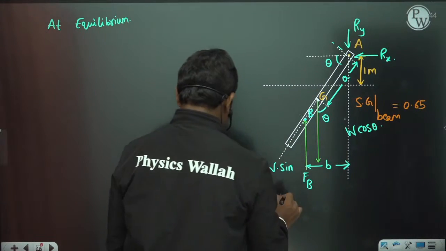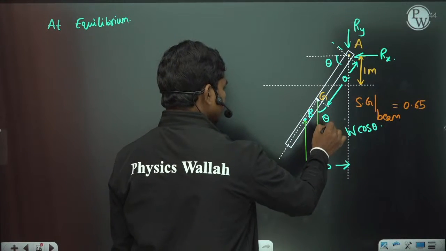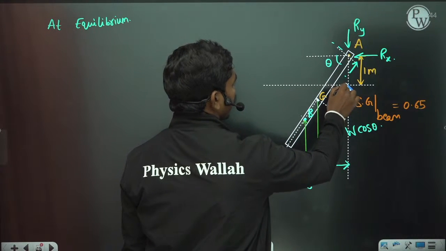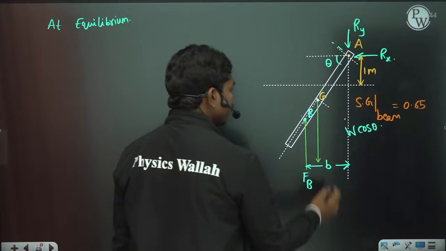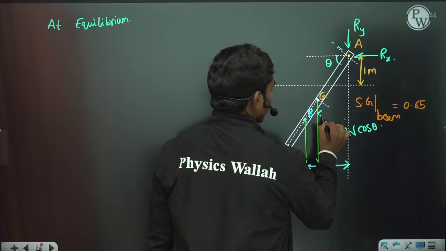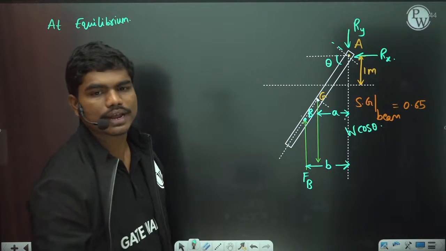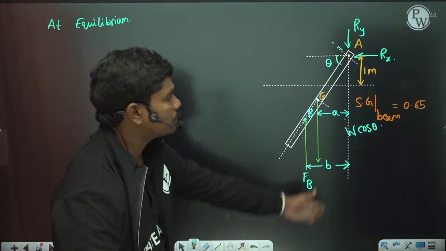So W sin theta, let us delete; this theta is not required, and this value is A. Both are vertical forces, so why go for components again? This coordinate system is very easy to analyze.